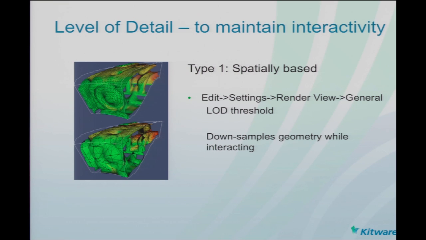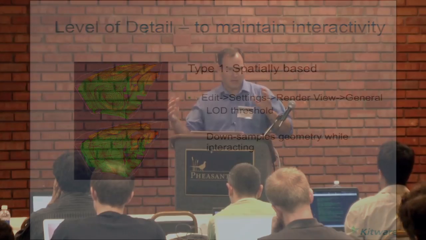There are preferences which say, how finely should I break up space? Or how small should I compress the pixels when I'm working in client-server with remote rendering mode? So under the edit settings general, there's an LOD threshold which controls our world space decimation, which uses Lindstrom's quadric clustering algorithm.